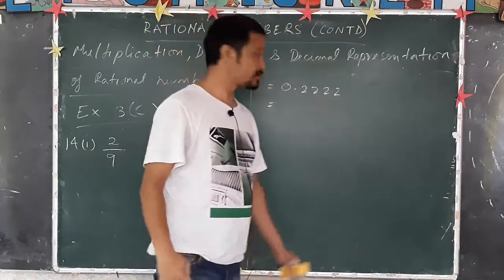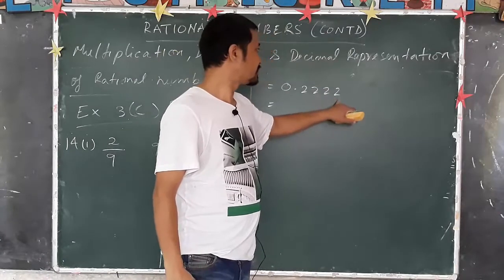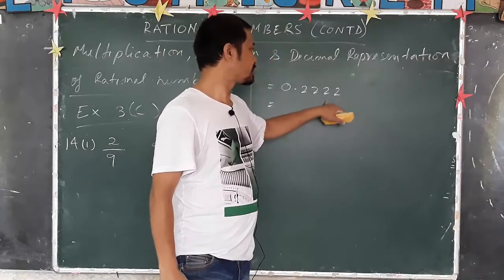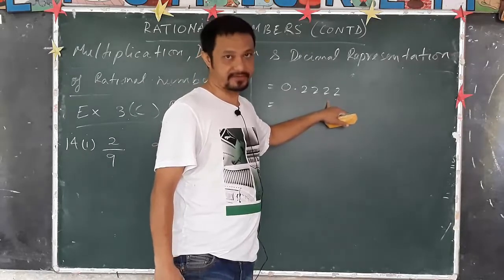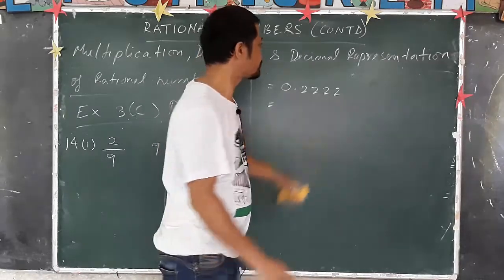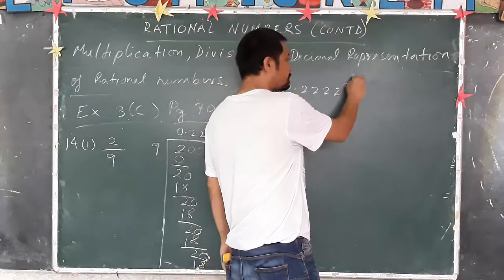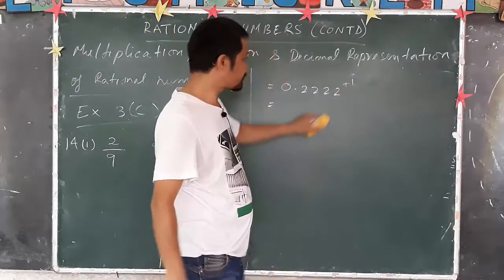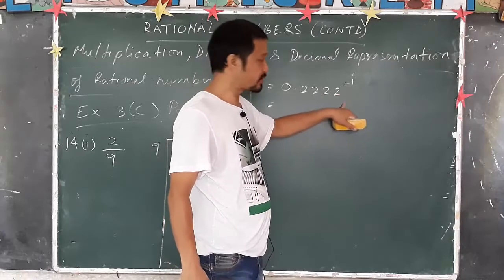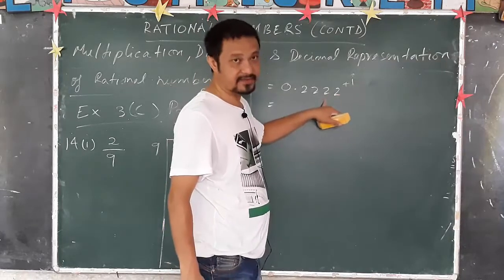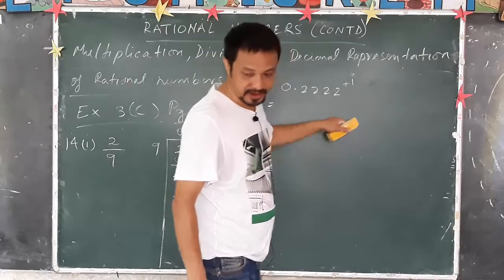Rounding off means looking at the last number. You have to see the last number and the second last number. If the last number is 5 and above, the number in front will be the given number plus 1. So if it was 5 out here, this would have been 3. If it was 6 out here, this would have been 3, whatever. But since this is lesser than 5, the number in front remains the way it is.